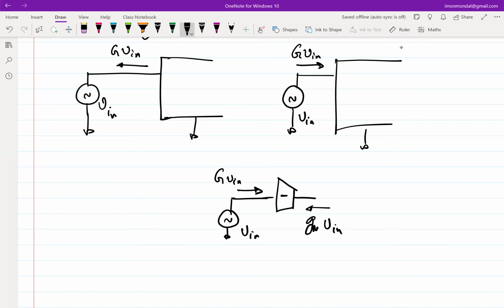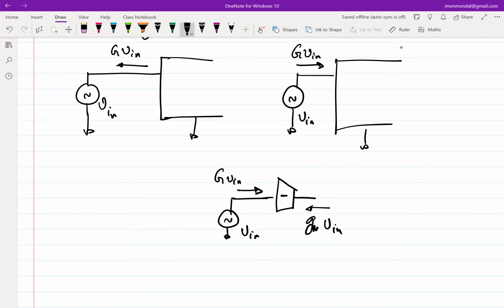But if I look at what is happening at the output side, I am getting a current which is proportional to V in, and the proportionality constant is Gm. But in order to achieve my goal, this current has to come from the source V in. Correct? So what is the simplest way to do that?